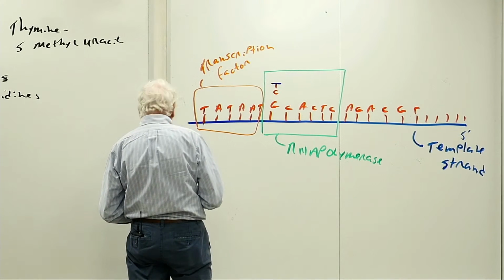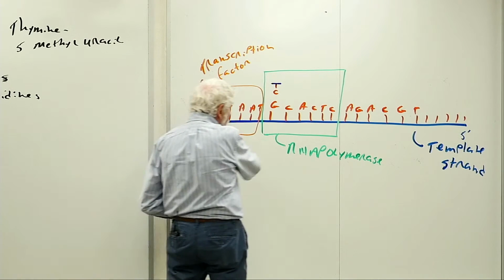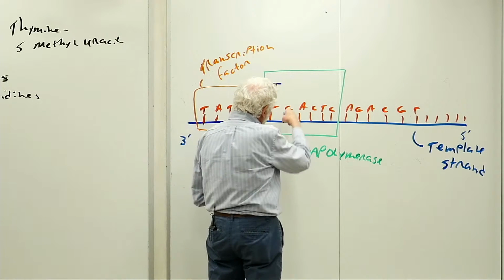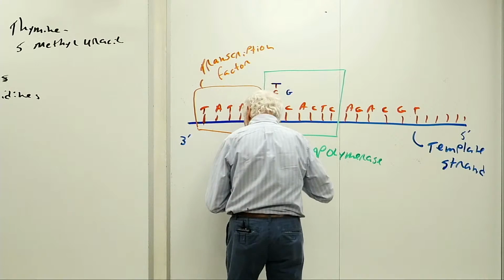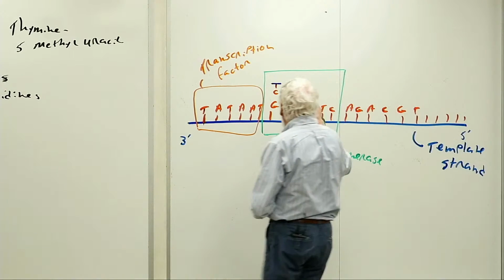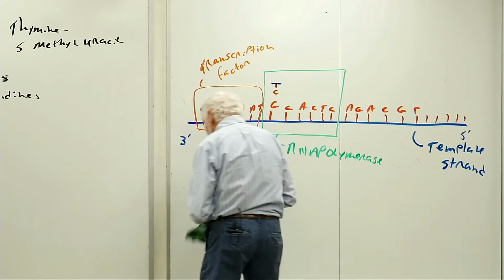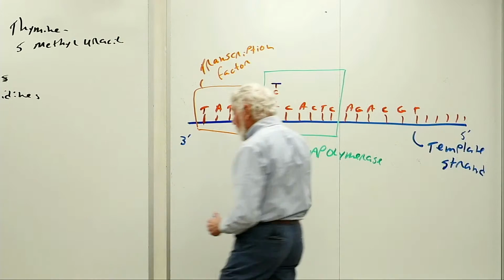It then finds the next base, running from the 3' to the 5' direction, finds this cytosine, and puts in a guanine, and forms the phosphodiester linkage.